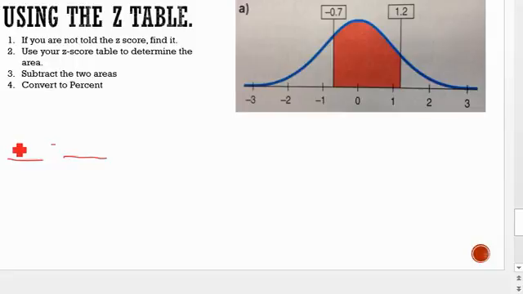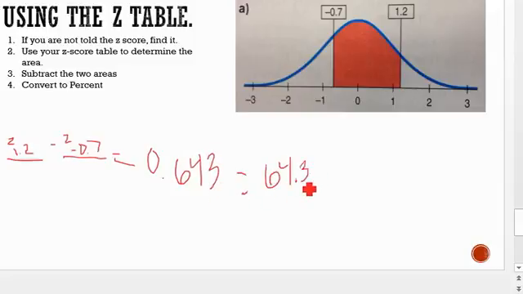That goes here. Subtract the 2 and round to a percent. You should get 0.643, which is 64.3%.